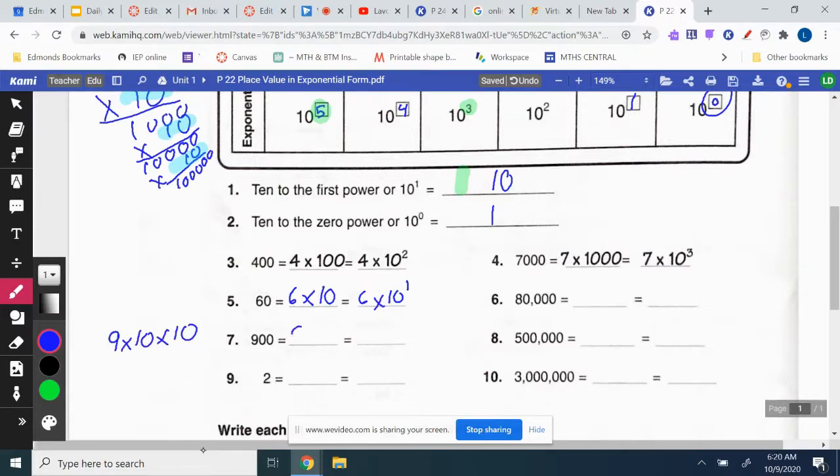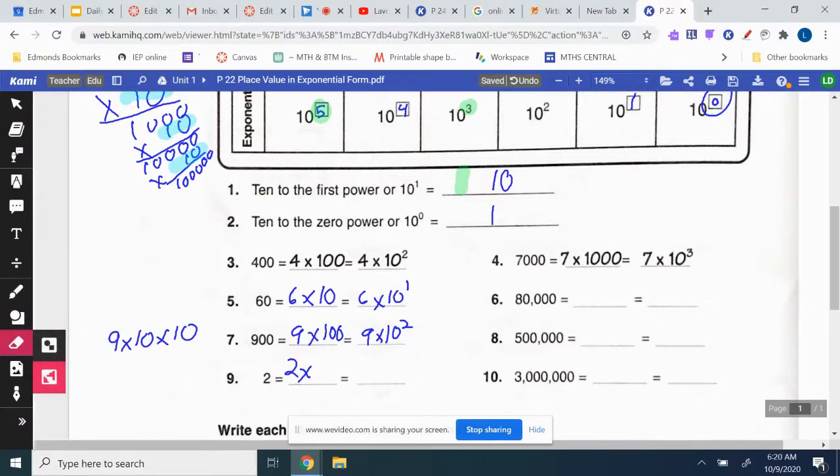And that gives me 9 times 100, or 9 times 10 squared. Now 2, I can't multiply it by 10 because it's just 2. So it's 2 times 10 to the 0 power because there are no 10s.